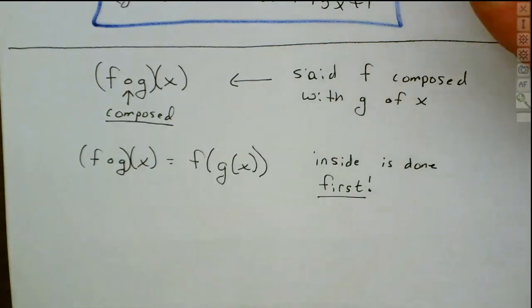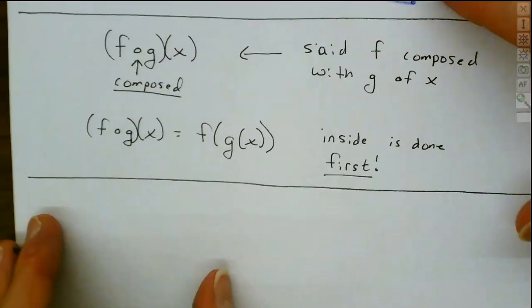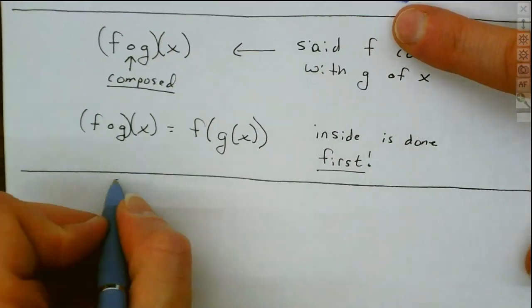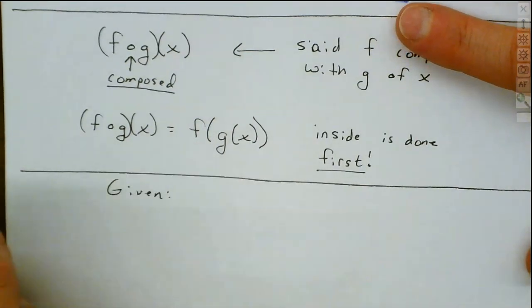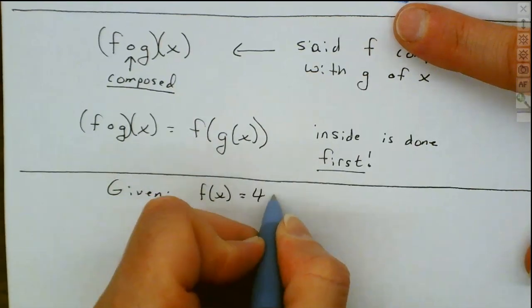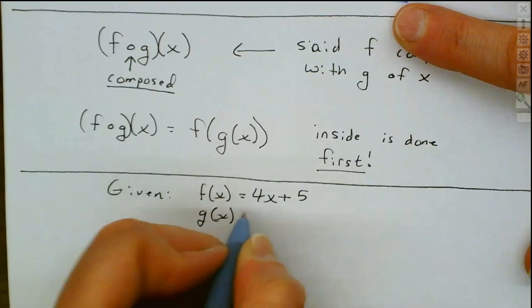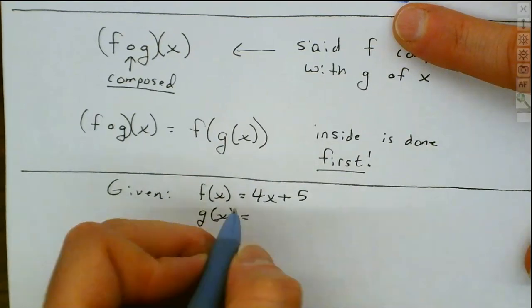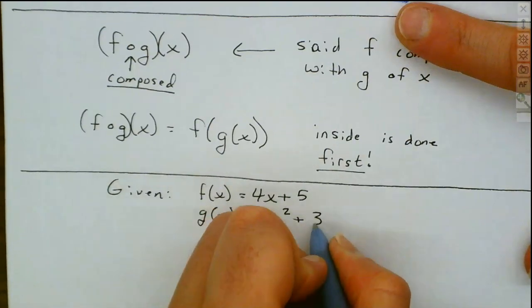So now we're going to do a couple of these. So let's say you're given f of x to be 4x plus 5, and g of x is how about x squared plus 3.